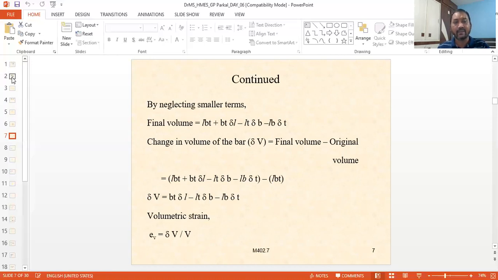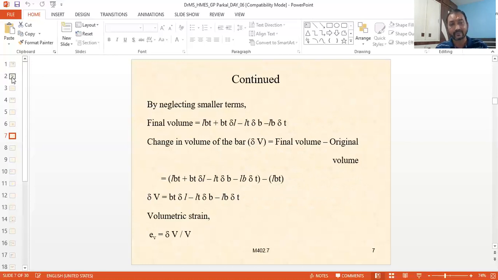Here, we know that the increase in length or the decrease in thickness or the decrease in width are very, very small terms, and they have only very small values.